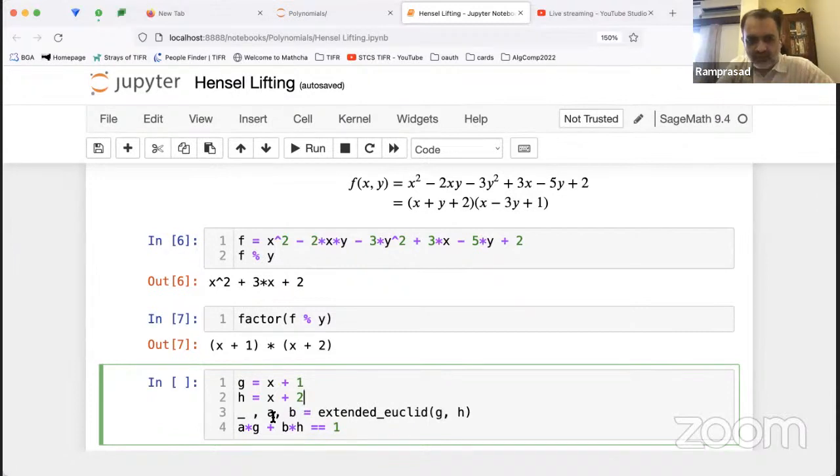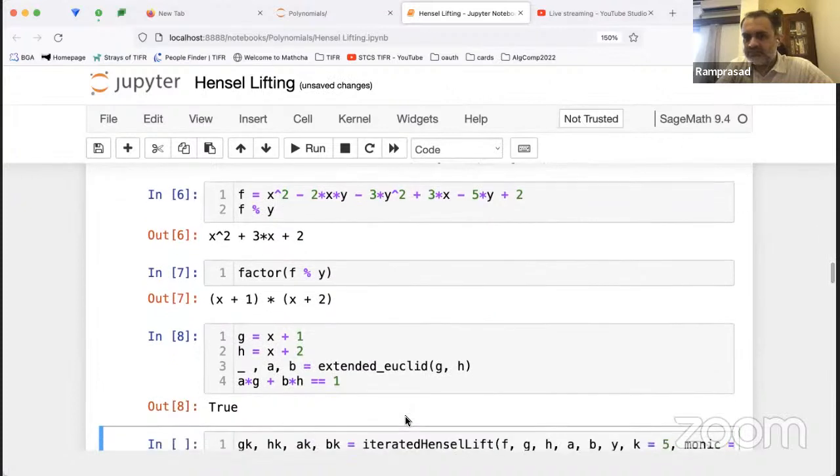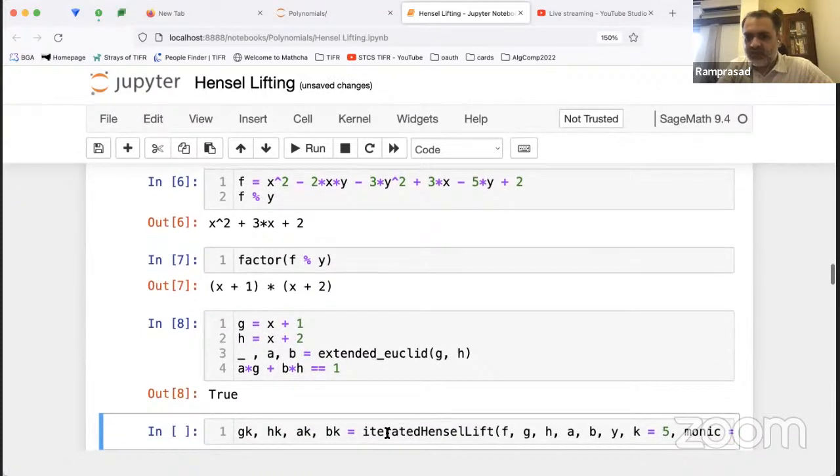Now we'll find the a and b such that a times g plus b times h is equal to 1. This is what I need to feed to the iterated Hensel lifting. I need to start off by saying, here is a factorization of f in terms of g and h with the Bezout coefficients being a and b, but this is a factorization mod y, and I want you to lift it 5 times, for k equal to 5, so that we eventually end up with y power 32.